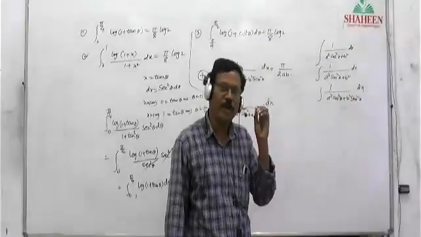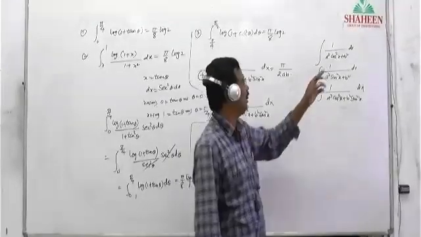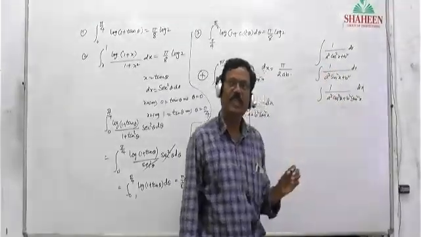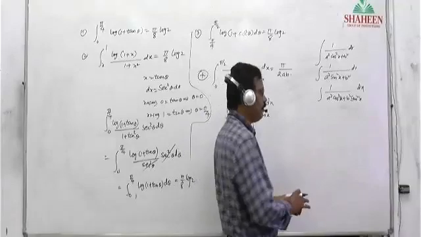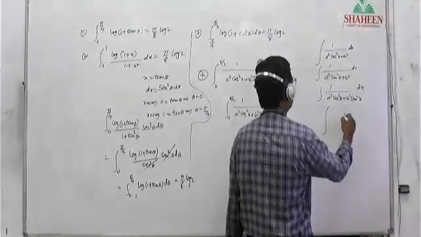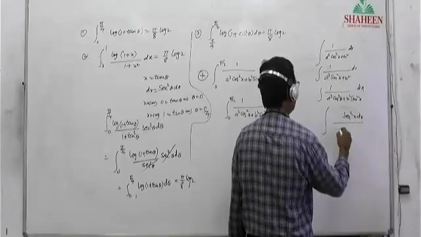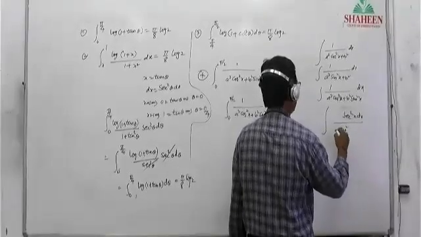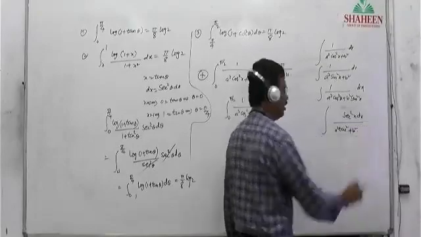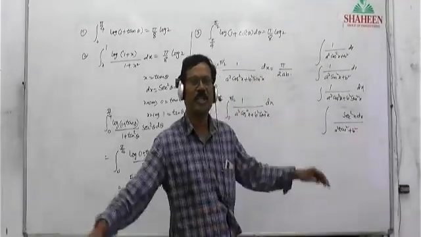Now if the problem is like this, in terms of sine cos in the second degree, then this problem changes in terms of sec square x dx, and the denominator in terms of tan square: a square plus b square tan square. Every problem changes like this.